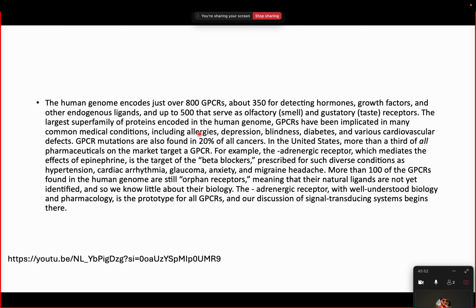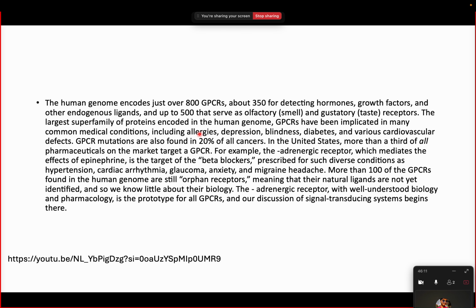It is also observed that almost 20% of all cancers which we know of have GPCR mutation associated with them. Okay. In the United States, more than a third of all pharmaceuticals on the market target a GPCR.